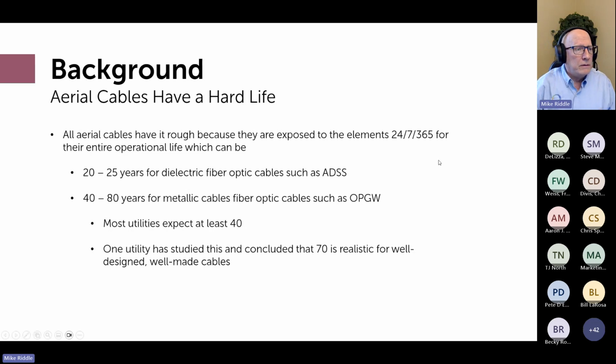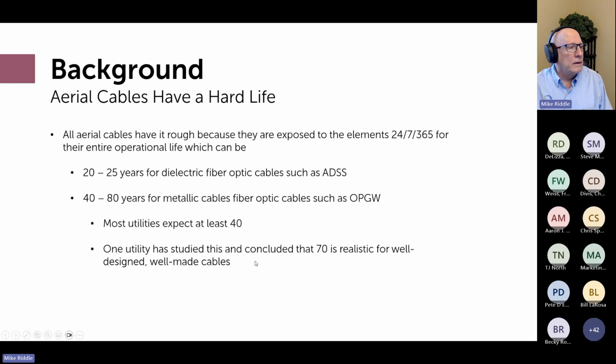And in general, most users are expecting to get 20 to 25 years of life out of an aerial dielectric cable, such as an ADSS. And if you're using OPGW, most utilities are expecting at least 40 years. I've encountered one utility that wants to get 80 years, and I know of one utility that has put a lot of thought into this matter, and they think that 70 years is very realistic.